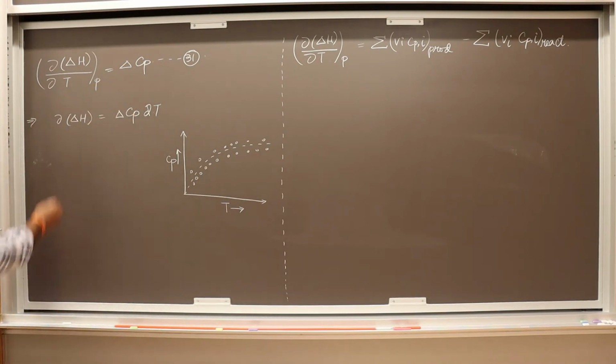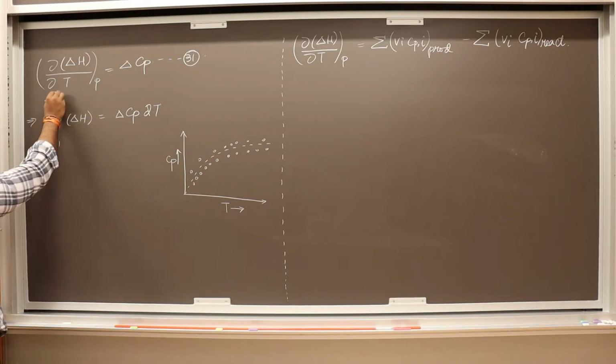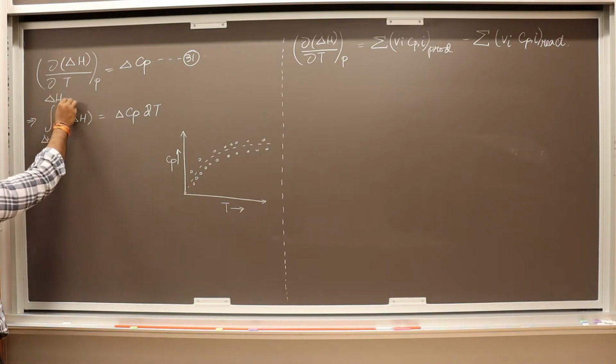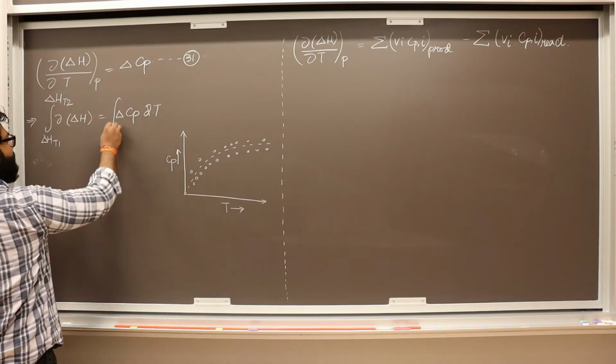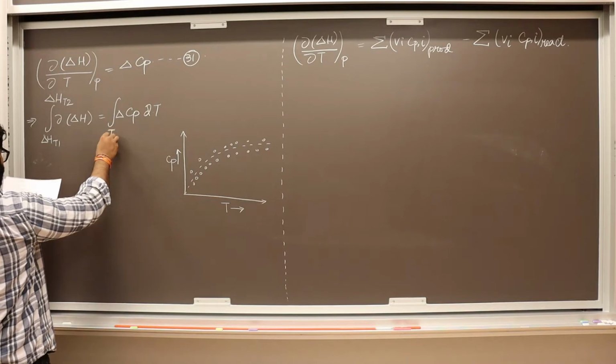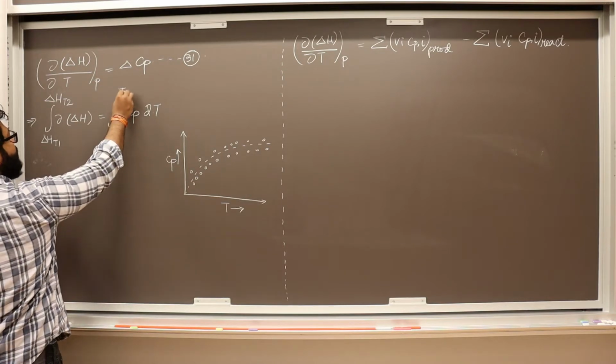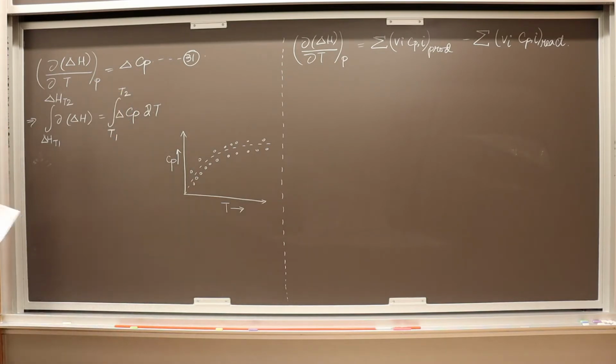Now what we do, we integrate this from the delta H that we want. So we had a delta H at T1 and we went to the delta H at T2. So this is the difference that we want. To do this, we went from the temperature T1 to temperature T2. Now how do we simplify this?